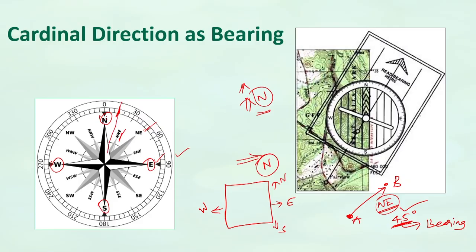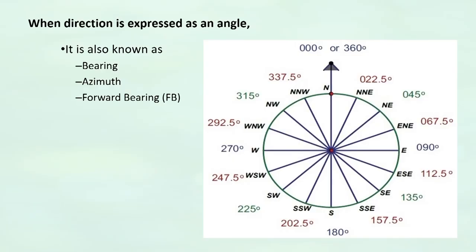right. In that case we can represent it like 15 degrees, 20 degrees. The cardinal direction can be represented in angle. If we represent the cardinal direction in angle, we call that a bearing, right.